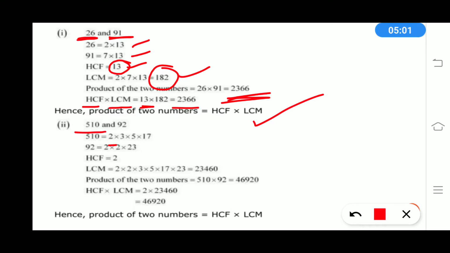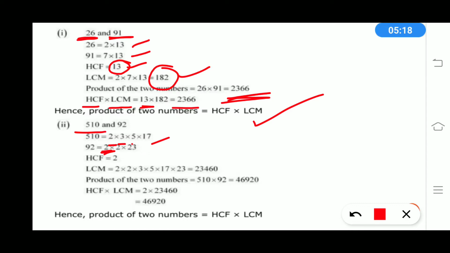equals 2 into 3 into 5 into 17, and 92 equals 2 into 2 into 23. So HCF equals what? HCF equals the smallest power of each common prime. Here the common prime is 2.